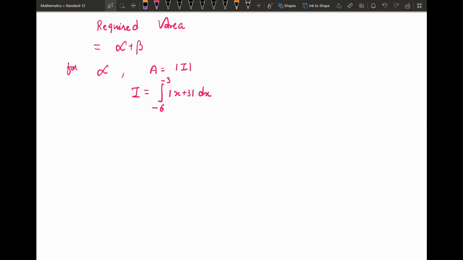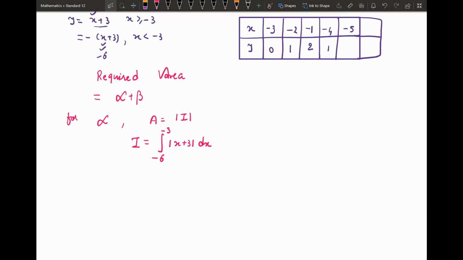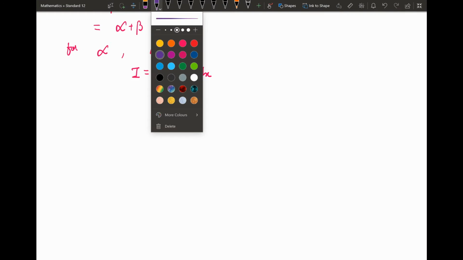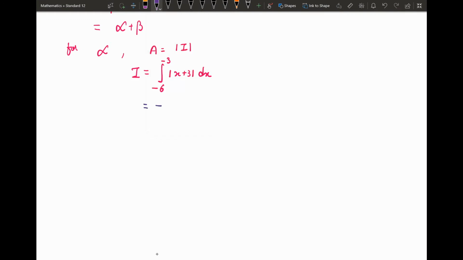Here x is negative, so according to the definition, mod x plus 3 is minus x plus 3 for x plus 3 less than 0, that is x less than minus 3.